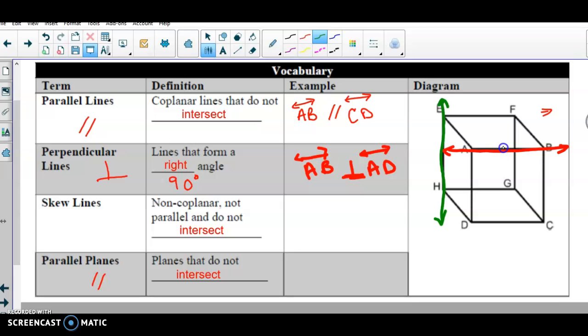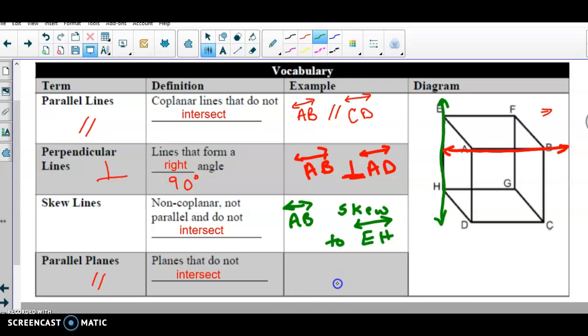AB is in the front and close to me, and it's going horizontally, and EH is in the back. It's further away, it's behind it, but it's going vertically. So those two lines would be skew lines. AB is skew to EH. So there's a whole bunch of different lines that would be skew in that drawing.